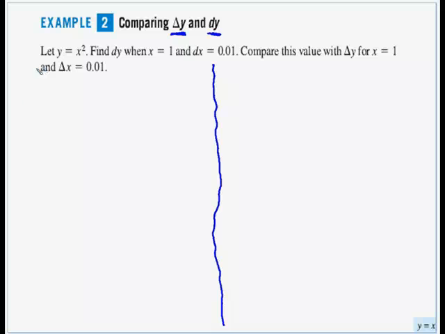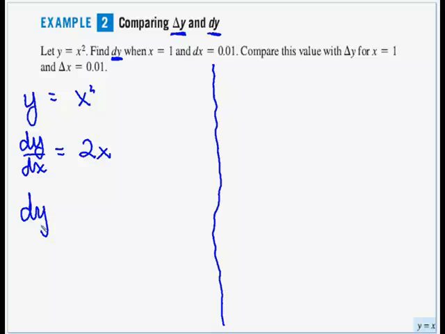So our tangent line approximation, to solve for dy, we're going to take our original function, y equals x squared, and we're going to differentiate it. The derivative of y with respect to x is going to equal 2x. And we're finding dy, so let's multiply both sides by dx. dy equals 2x dx. And we're interested at the time when x is 1 and dx is 0.01.